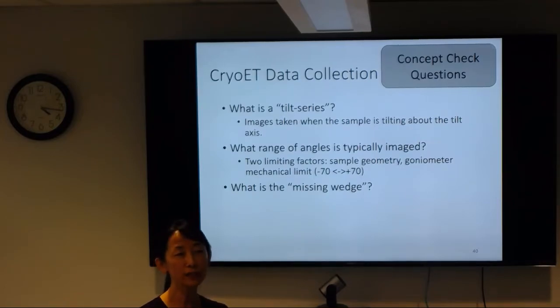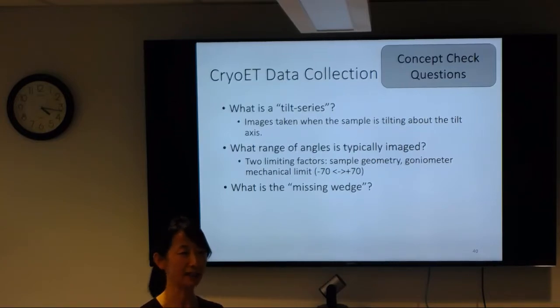In the facility I used to work in, they have a special Gatan 80 to 80 side entry holder, but I chose not to use it. It gives you the actual range, but think about it. When you tilt your sample to 80 degrees, almost perpendicular, the ice is really, really thick.